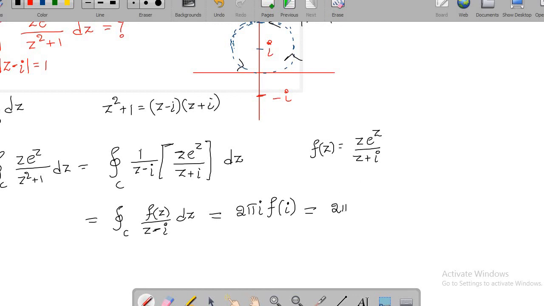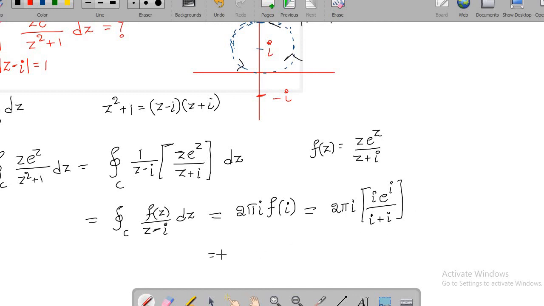So the final answer is 2 pi i into i times e power i by i plus i. You can cancel: here you'll get 2i and cancel i and i.